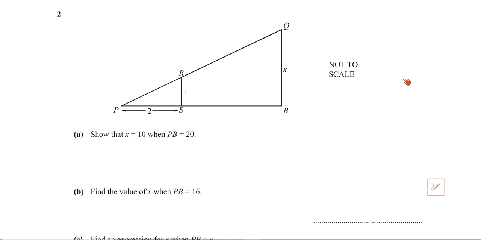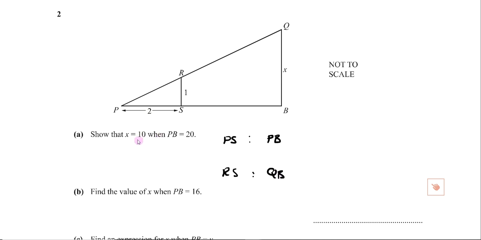So show that x equals 10 when PB is 20. Well, we kind of are just looking for. Go on, Greg. Actually, you can explain it. Well, we know the ratio of PS to PB will be the same as RS to QB.